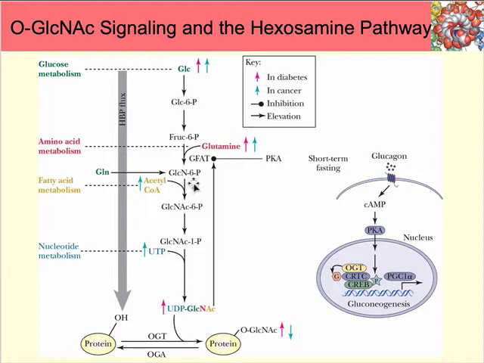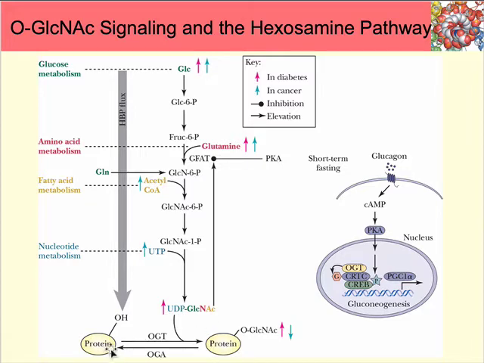And that can be acetylated by acetyl-CoA to produce N-acetylglucosamine 6-phosphate, what we refer to as GlcNAc. And that can be converted to N-acetylglucosamine 1-phosphate, which can combine with UTP to produce UDP-GlcNAc. That's a sugar nucleotide with an N-acetyl group on a glucose. And that turns out to be an important signaling device.